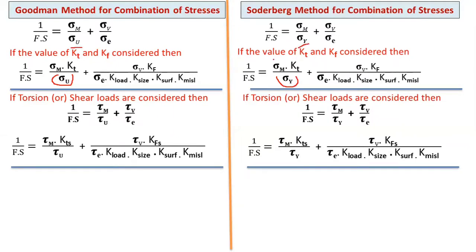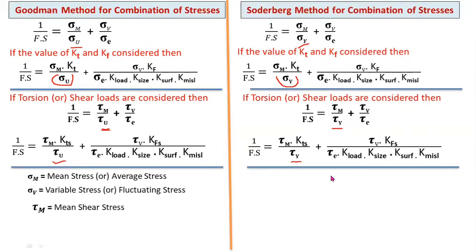This is the only main difference. Tau u and tau y is the main difference.